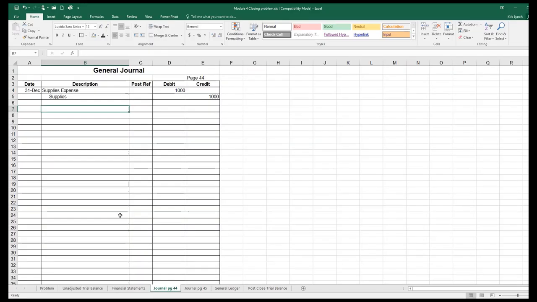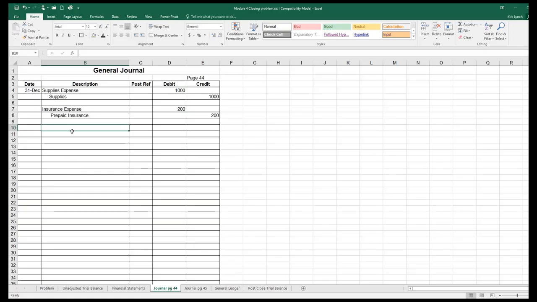So back here in our journal, we're going to journalize insurance expense for the $200 and credit to reduce prepaid insurance for the $200. And that should take care of our next adjusting entry.